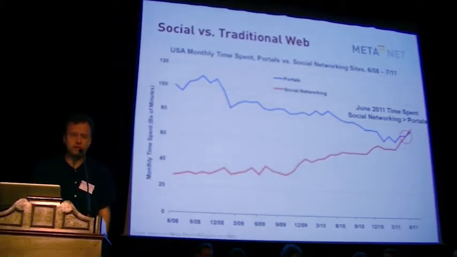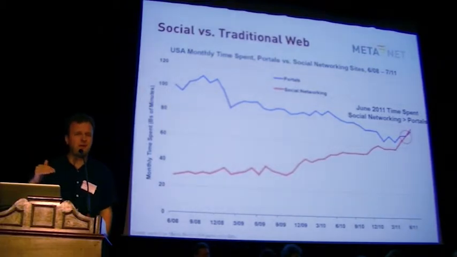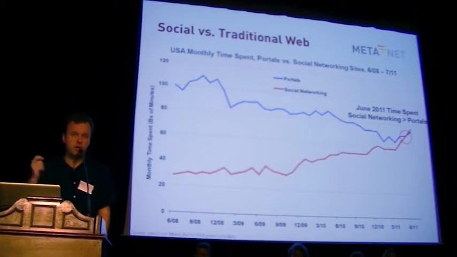Somewhere in June, exactly a year ago, the average time people spent on the social web surpassed the traditional web. This is a very important trigger and signal for pretty much everything we do, because it has implications on technology, on incentives, and many other things: advertising, businesses.